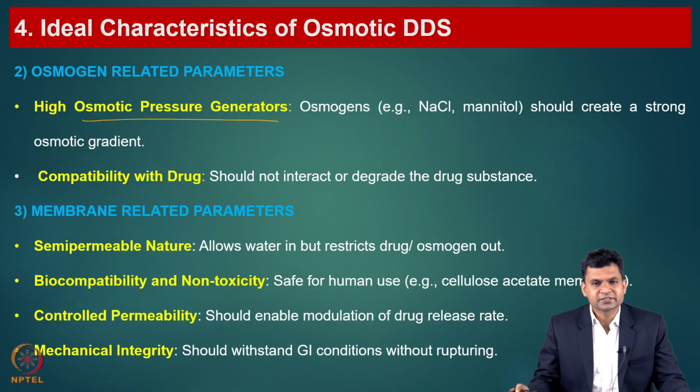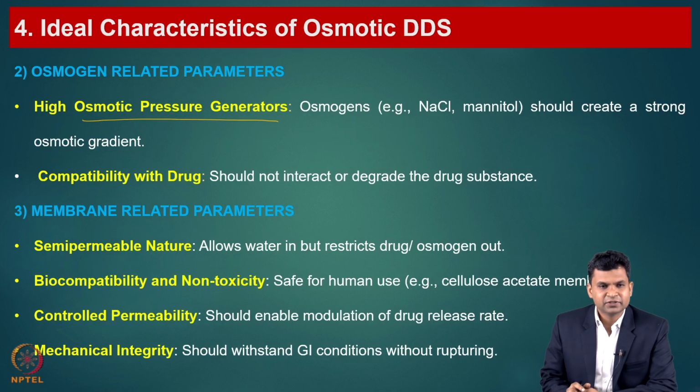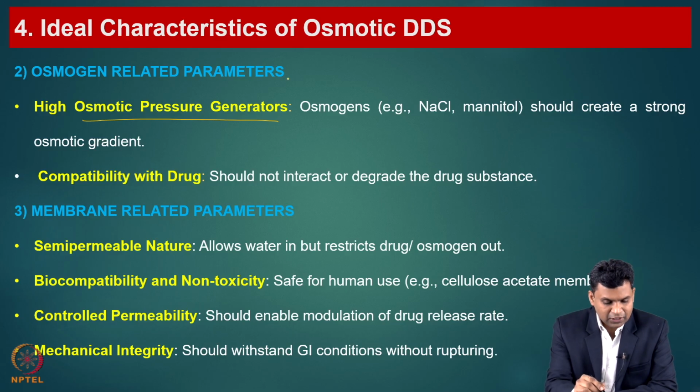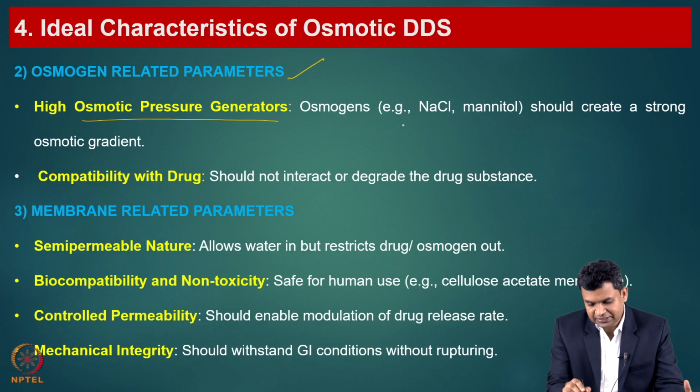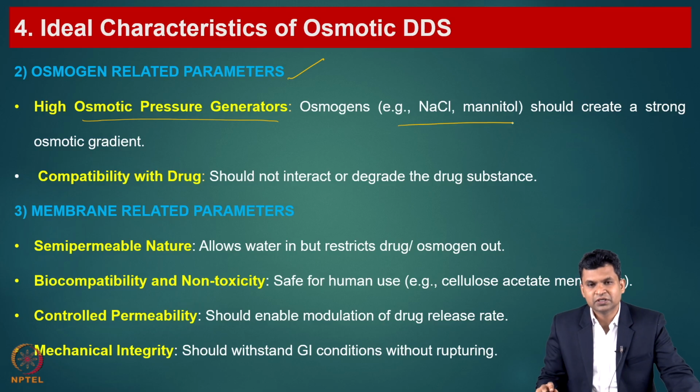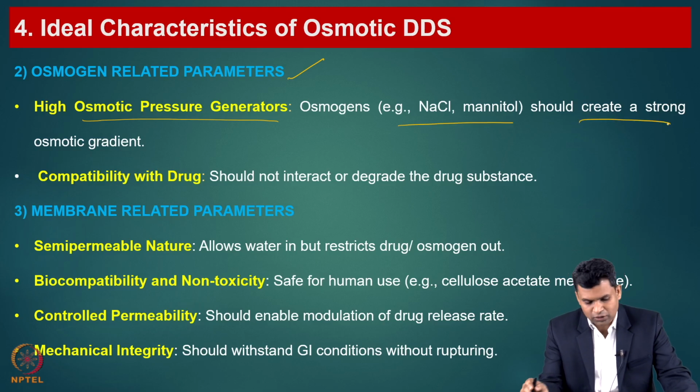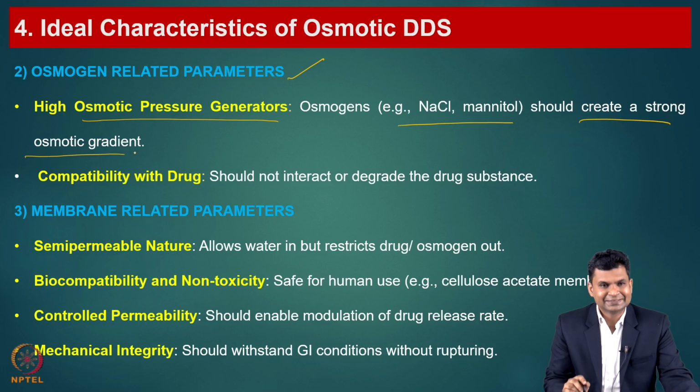In the ideal characteristics of osmotic drug delivery system, the second topic is osmogen related parameters. Your system needs to generate high osmotic pressure, and these are the excipients we use: sodium chloride, mannitol, which will create a strong osmotic gradient.